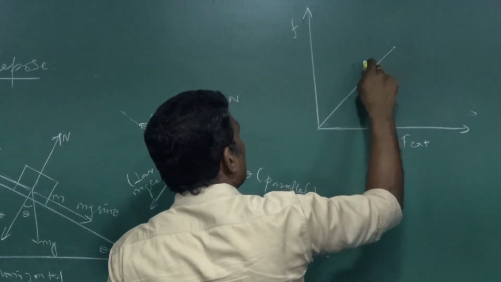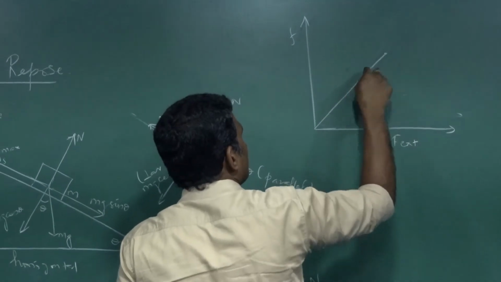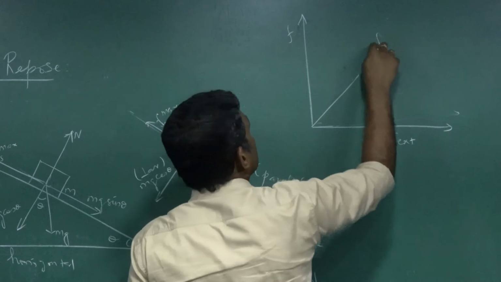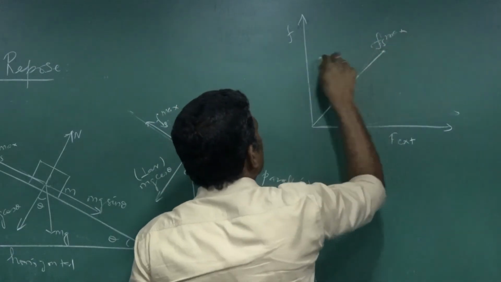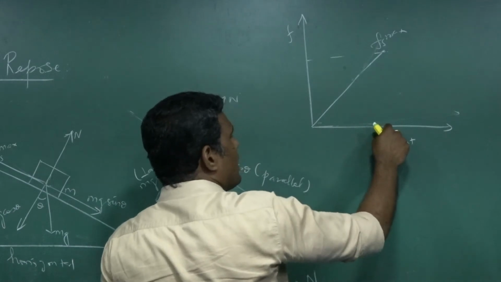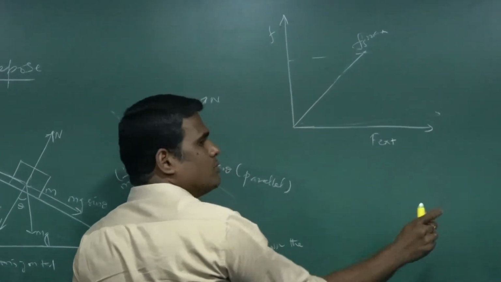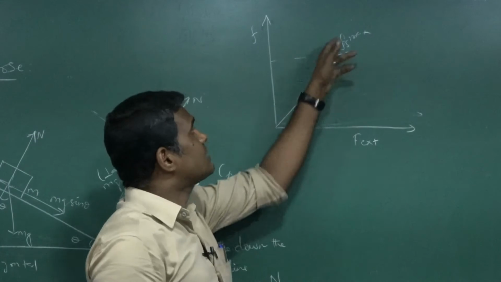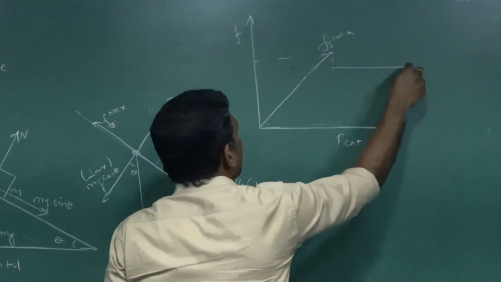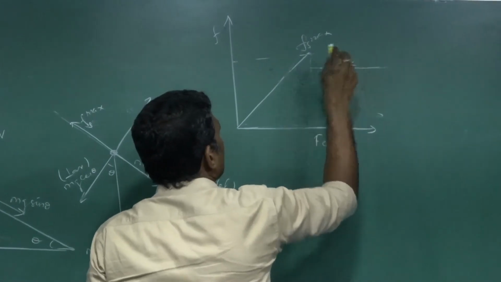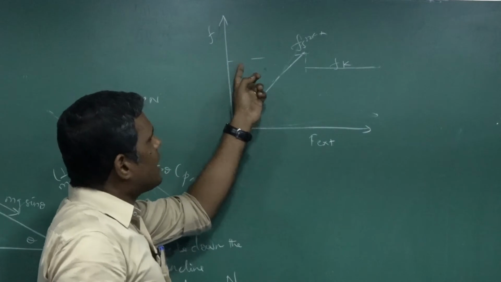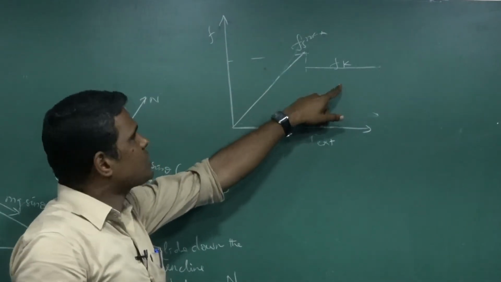For one particular value of external force, the frictional force will attain its maximum value, Fs maximum. If the external force applied to the object exceeds this Fs maximum value, then the object begins to slide and starts moving with some amount of kinetic energy. So the static friction gets transformed to kinetic friction here.